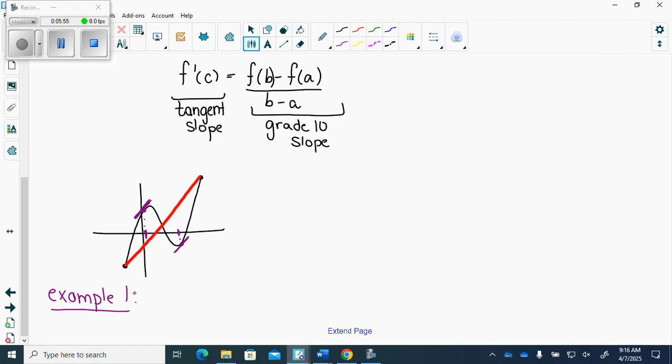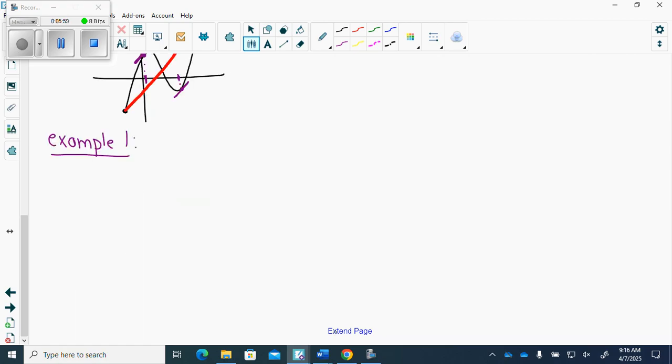All right. Oh, woodpeckers, I love them. Find the number c that guarantees the intermediate value theorem.